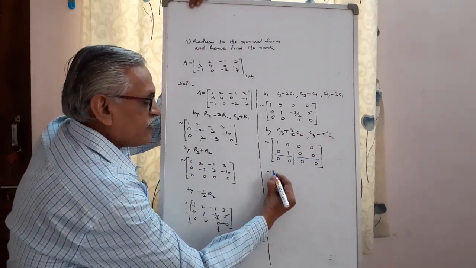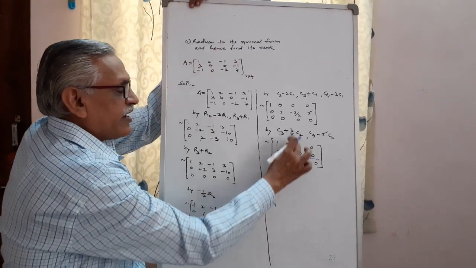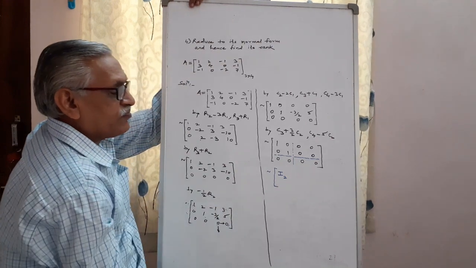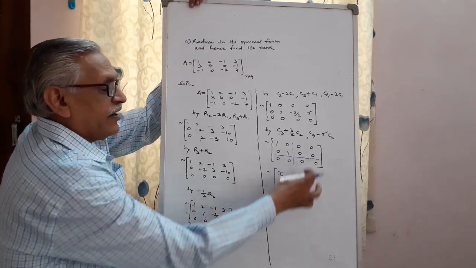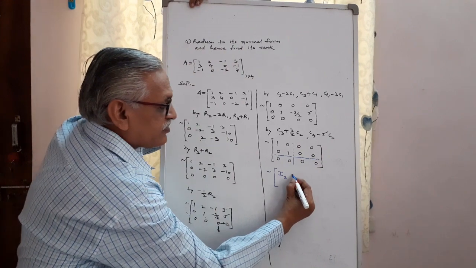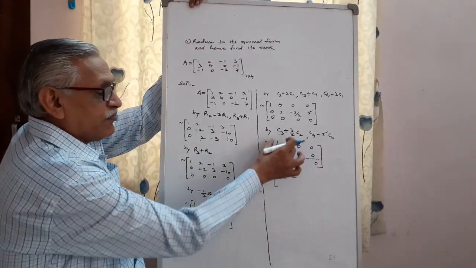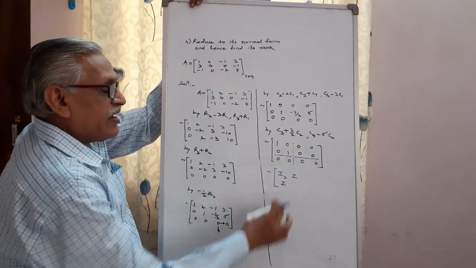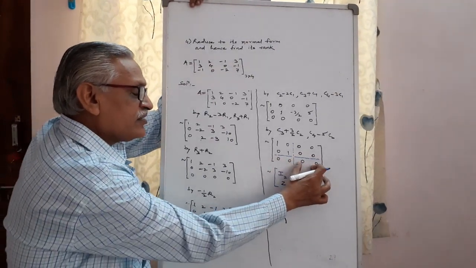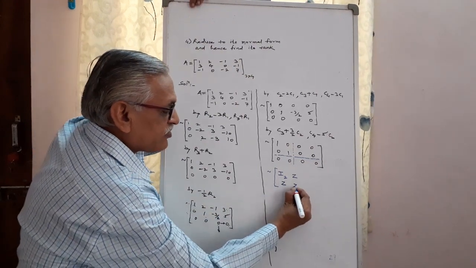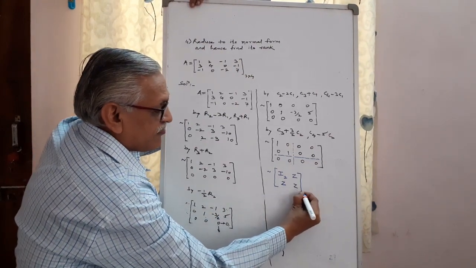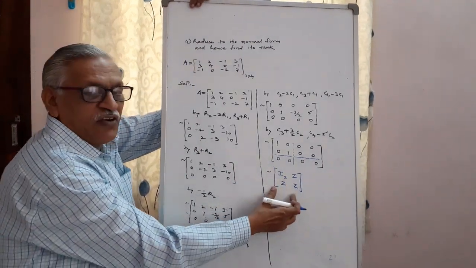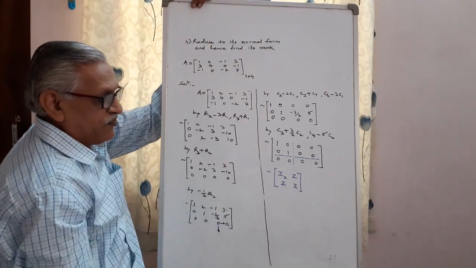In symbolic form, we get the identity matrix of order 2, I2, which is 1 0 0 1. In front of it is a 0 matrix, below it we have another 0 matrix, and in front of this another 0 matrix. Therefore, this is the required normal form in symbolic form.